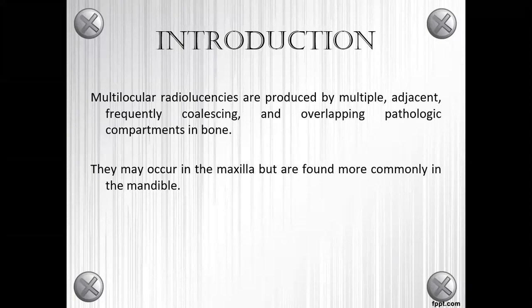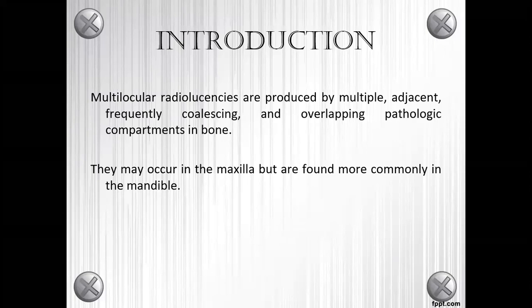So be clear what is multilocular and what is multiple. Multilocular is within one radiolucency. There are septae which are formed and they give the appearance of multilocular. That is, many locules or compartments are formed by the septae within a radiolucency. They are all merged together as one entity.